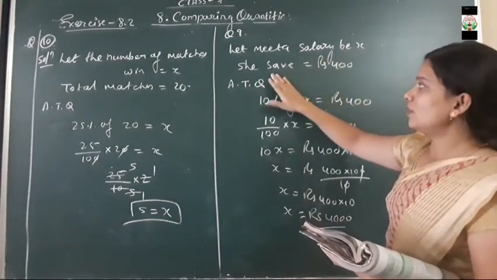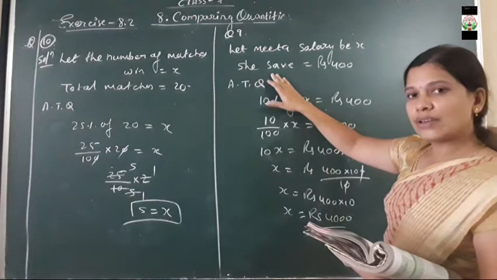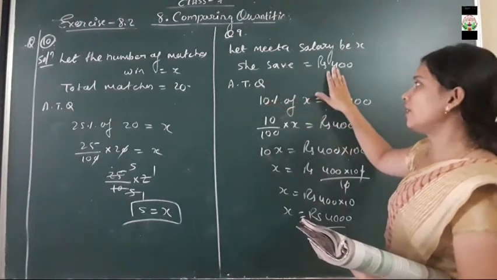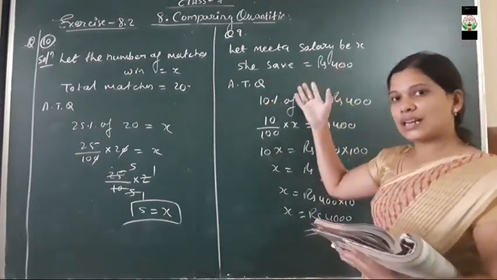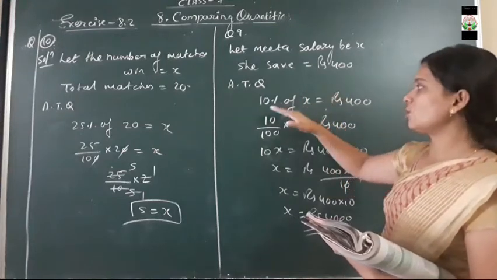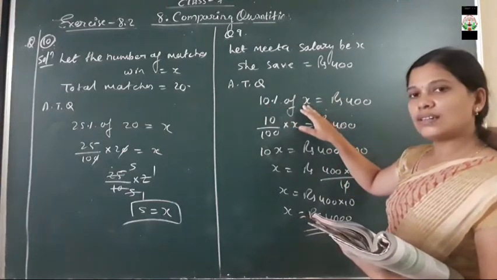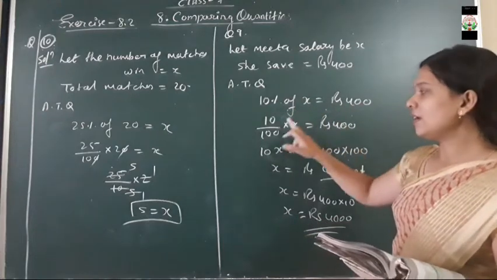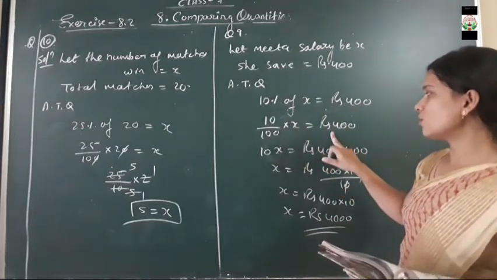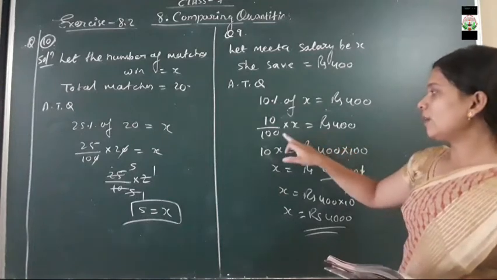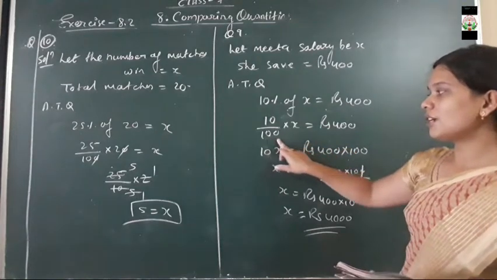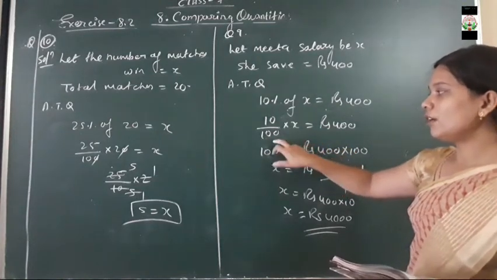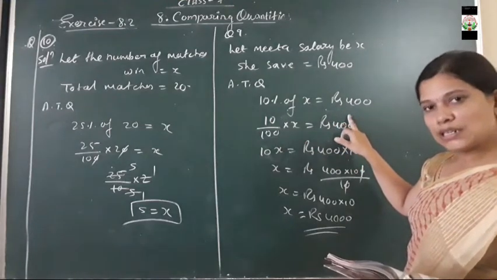And how much does she save in the form of money? That is ₹400, and 10% of her salary is saved. So 10% of X is equal to ₹400. 10 upon 100 into X is equal to ₹400. Now we cross multiply. This 100 moves from the denominator to the numerator and gets multiplied with 4.